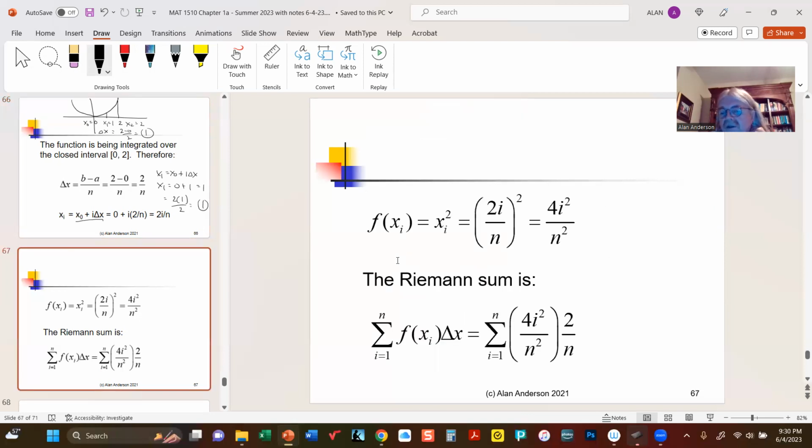Now, we saw earlier that xi equals 2i over n. That implies that xi squared is (2i over n) squared.